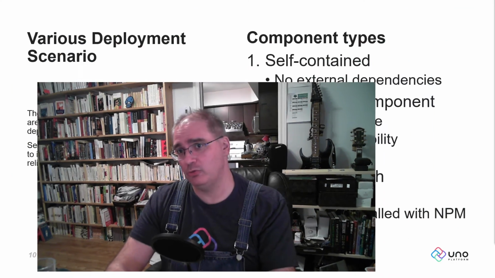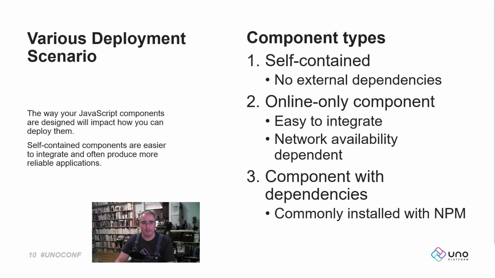Sometimes it's more complicated than that because you may want to integrate your assets with the application. So you may want to download them instead of downloading them at runtime from the CDN. You may want to package them with the application.